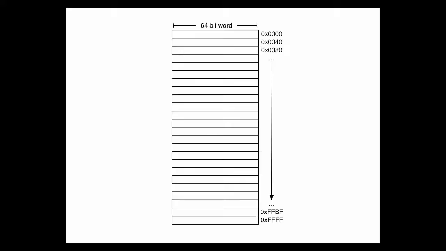RAM has its own structure. So RAM is memory, and RAM looks like this. RAM is a 64-bit word. Remember that we talked about the computer working in fixed size chunks, because it's easier to design the circuitry to operate in fixed size chunks. So the memory is aligned in words, and it has a lot of these things.